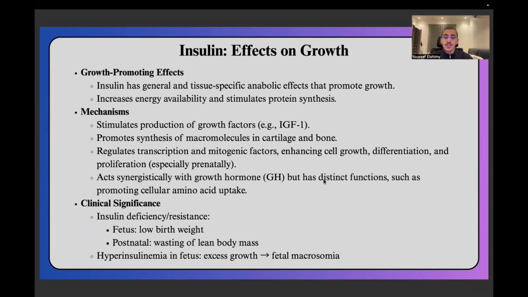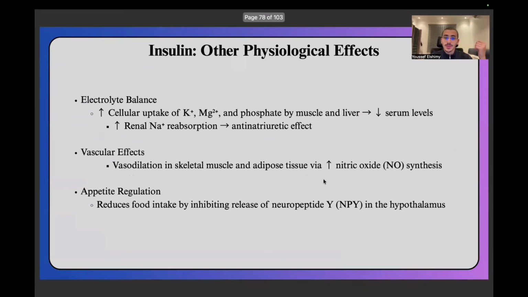So the patient would have a wasting of lean body mass. On the opposite side, if there's increased exposure of insulin during fetal life, this would lead to excess growth of the baby, and the baby would be born with fetal macrosomia, very big because of the anabolic effects of insulin.